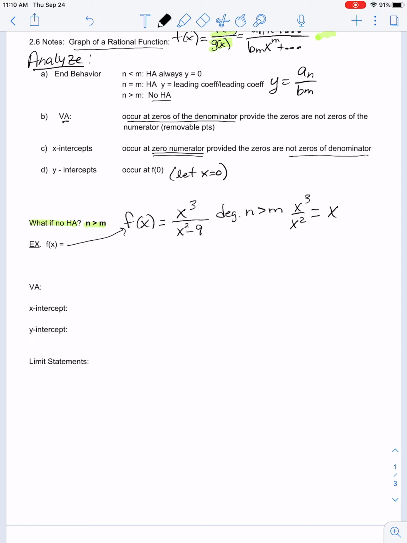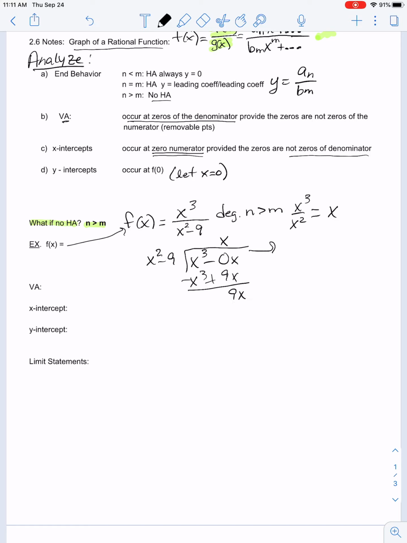It is not horizontal. Okay, in fact, we could take a look at this and say, well, what if I took x to the third and actually did long division by the x squared minus 9? What would that look like? Okay, we could put in here a placeholder. We'd have in here an x, so that we'd have x to the third minus 9x. Draw your line, change your signs. 9x is your remainder.